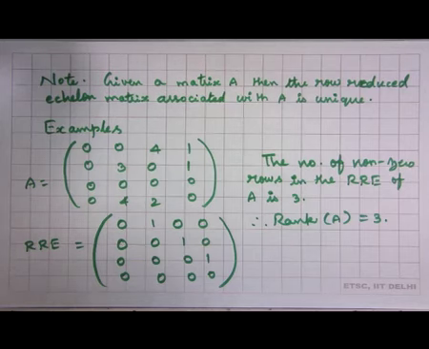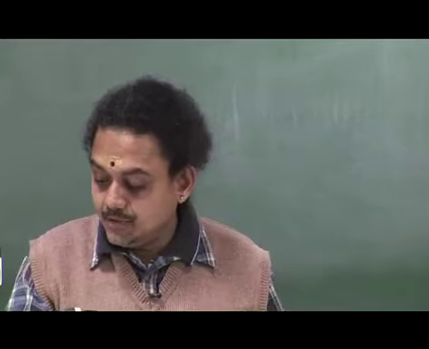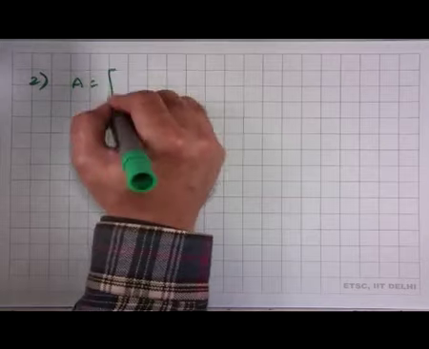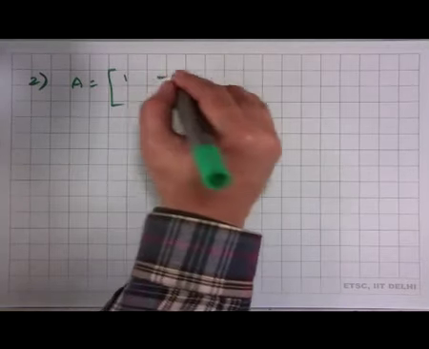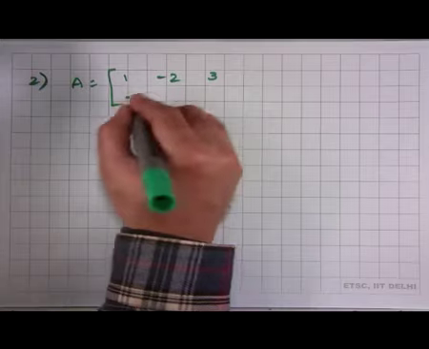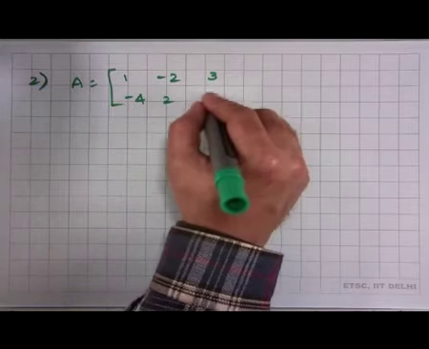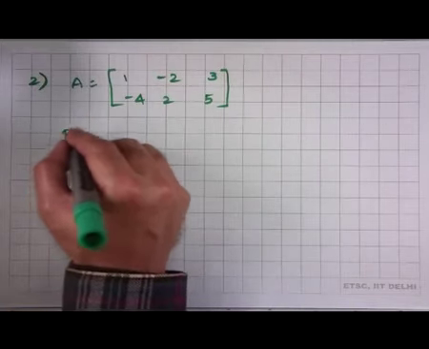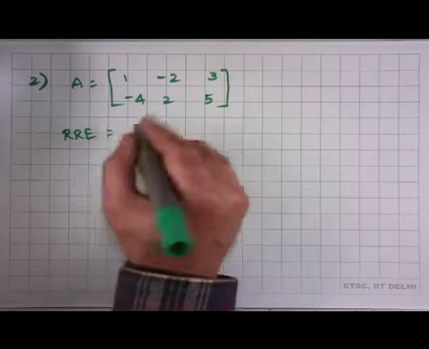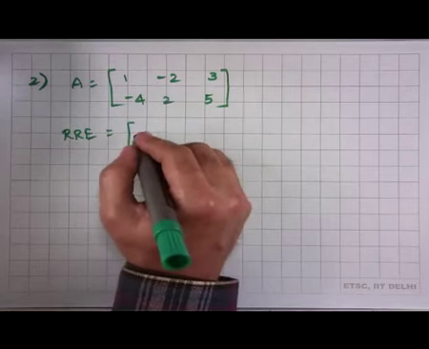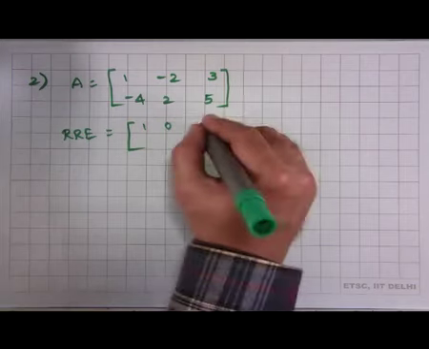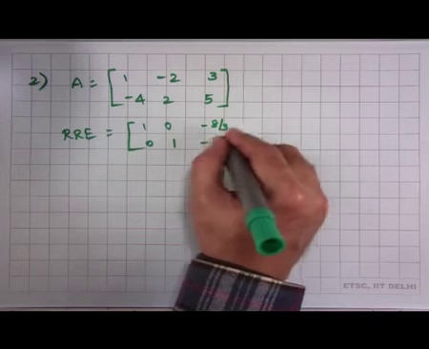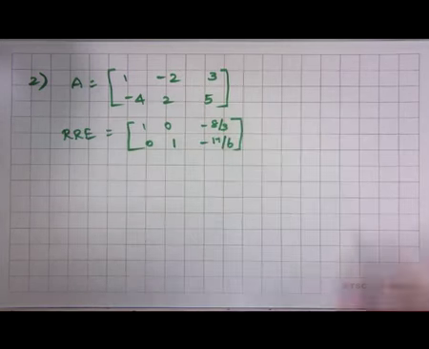Let us look at the next example that we had. Second example, our matrix was [1, -2, 3; -4, 2, 5], and the RRE corresponding to this was [1, 0, -8/3; 0, 1, -17/6].